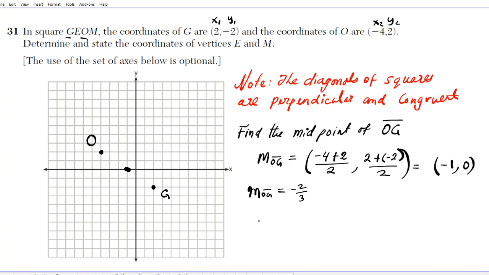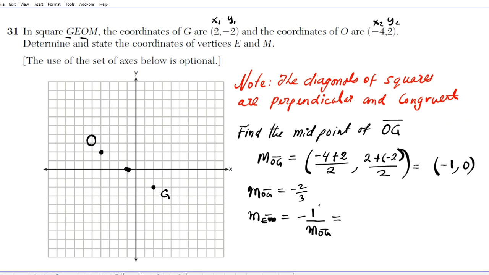Now guess what? The slope of the other diagonal, not GM, the other diagonal besides OG, which is EM, is going to be the negative reciprocal of the slope of the diagonal that we have right here.